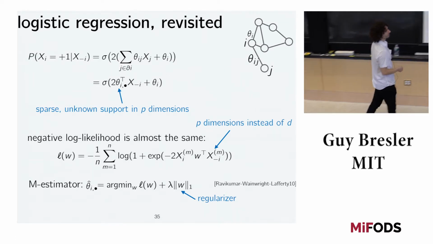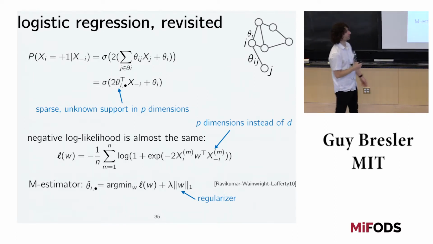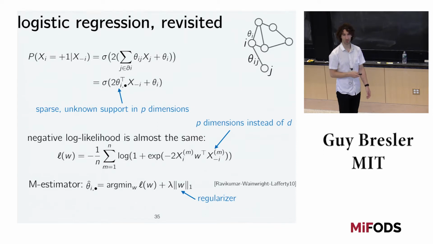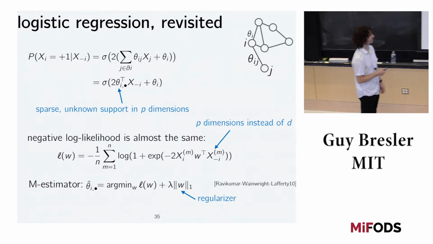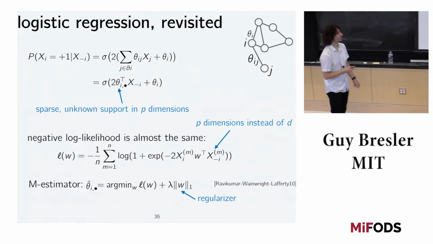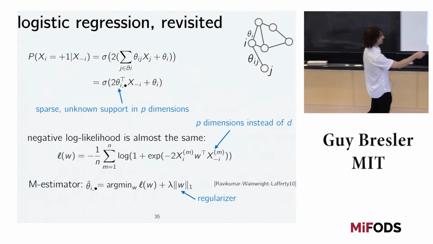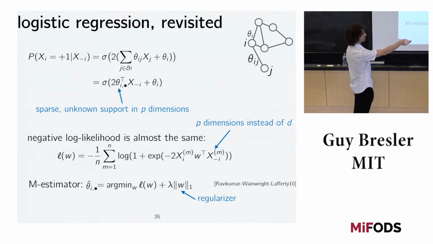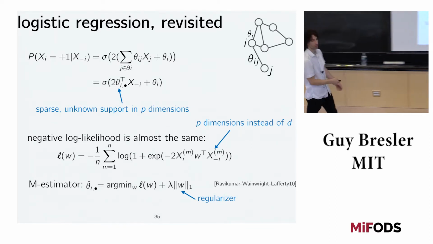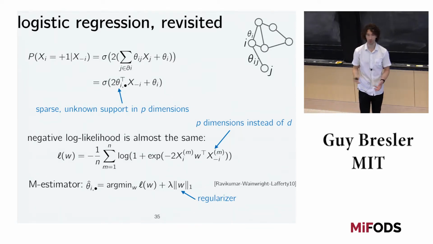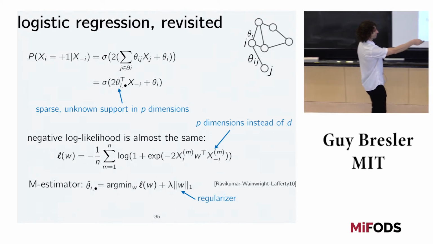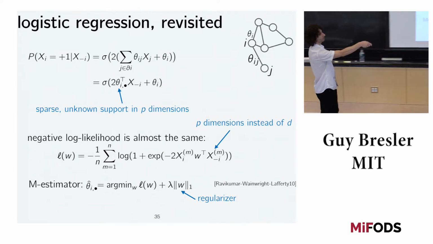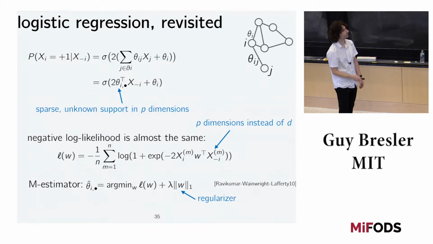And the modern canon of high-dimensional statistical theory tells us that we ought to consider M-estimators for regularized loss functions. So we can minimize this loss function, which is exactly the same loss function we had in the dense case where we knew the graph structure, and add a regularizer, a penalty here, lambda times the L1 norm of W.